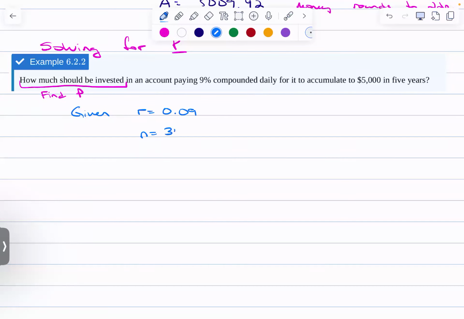So N is 365. And it's going to accumulate to $5,000, which means A must be $5,000. And T is 5 years. Just checking that T is in years, and it is, so that's good. Check.